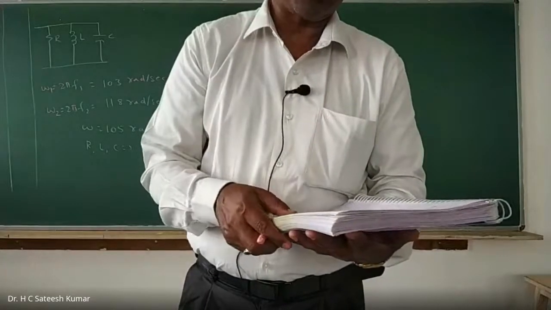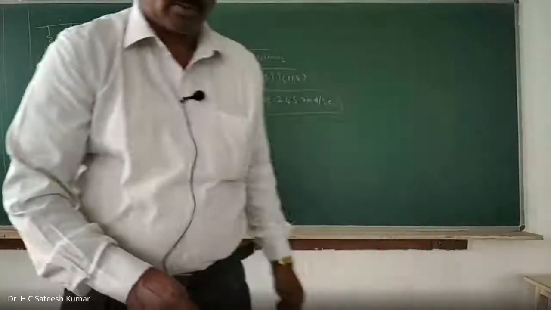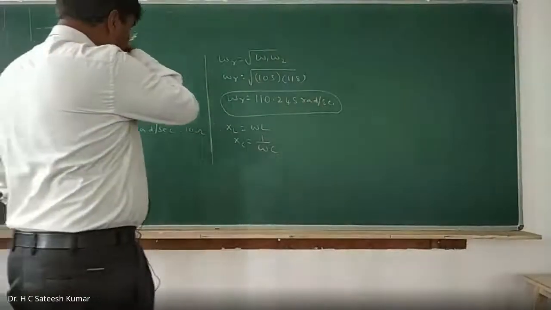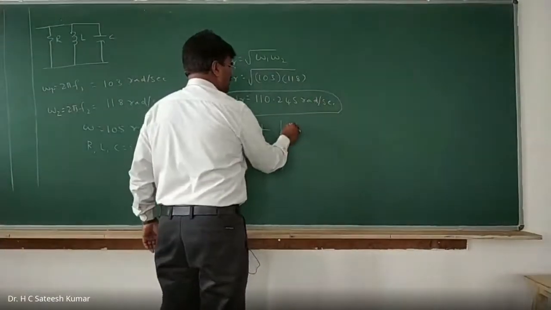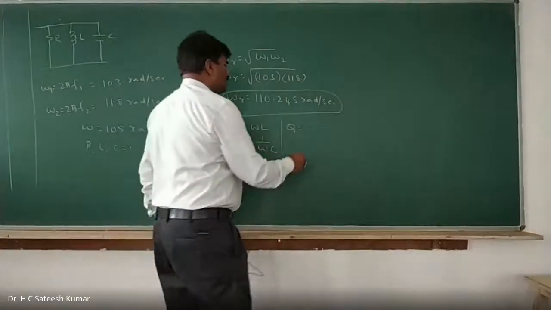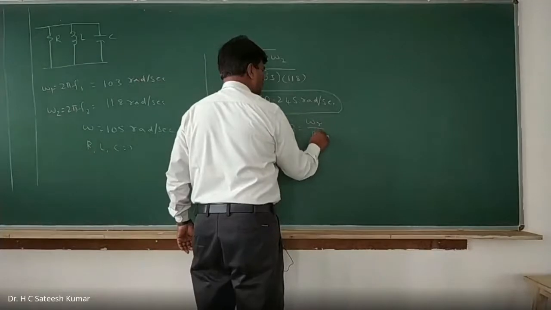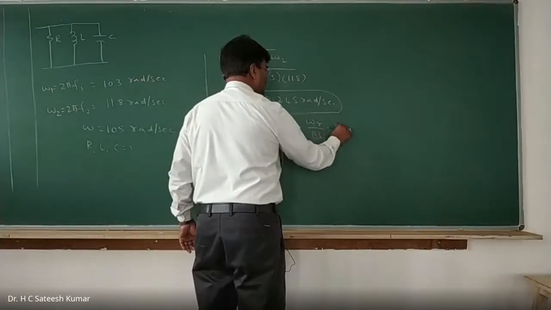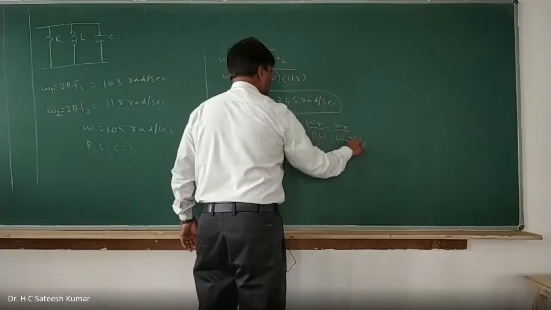Okay, Q you can calculate. So first you calculate Q, and then we can calculate XL and XC. Q is equal to omega R divided by bandwidth, which is nothing but omega R divided by omega 2 minus omega 1.